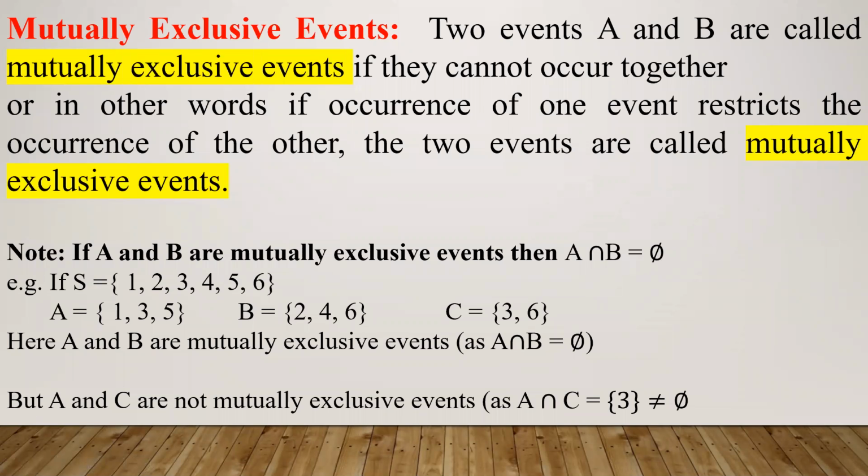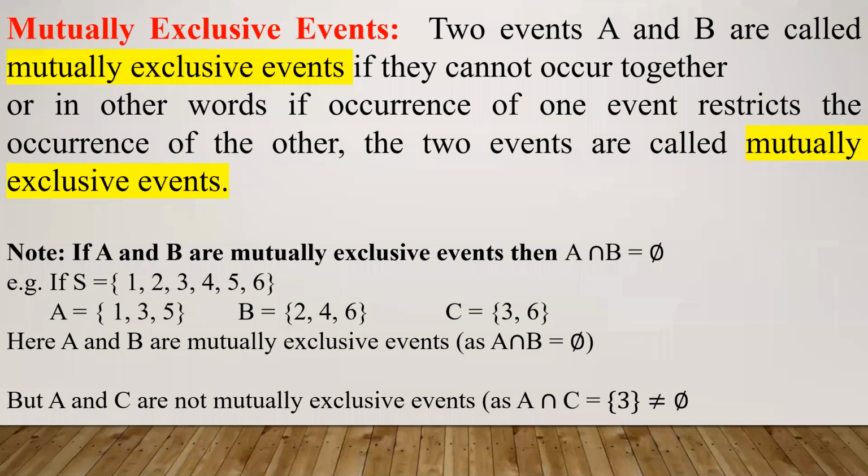For example, अगर मैंने डाइस को रोल किया and the two events, one is getting an odd number, the other one is getting an even number, दोनों साथ में नहीं आएंगे, या तो मुझे odd number ही आएगा या तो even number ही आएगा, तो ये दोनों इवेंट क्या हो गए? म्यूचुअली एक्सक्लूसिव इवेंट.